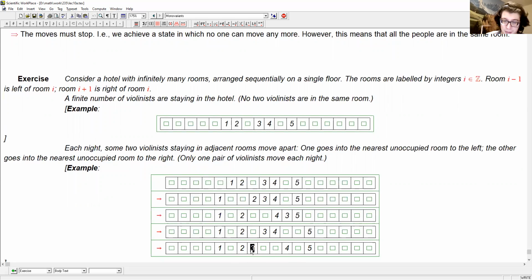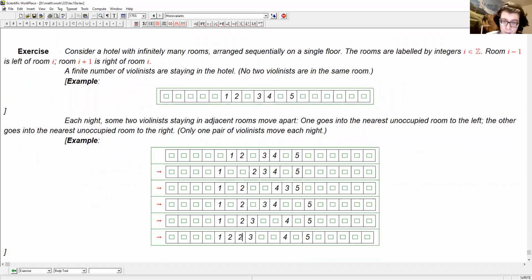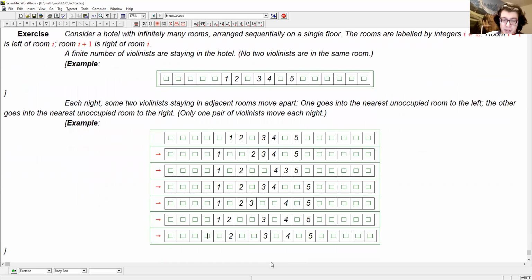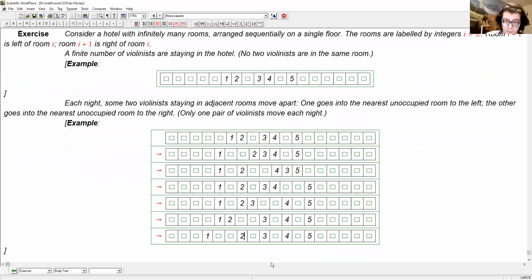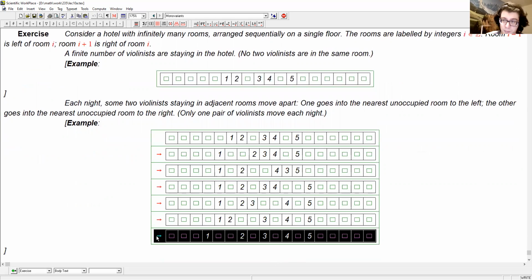And another pair, 2 and 3. Next night they move apart. 2 goes here, 3 goes here. And 1 and 2 still need to move apart. And now we have arrived at a state where no 2 adjacent rooms are occupied. So nobody can move apart anymore because there are no neighbors.